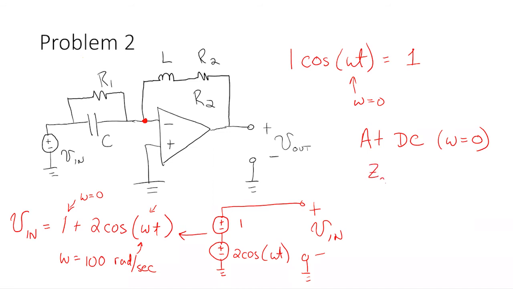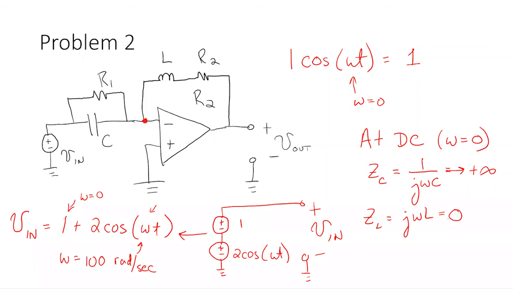The impedance of the capacitor as a function of frequency, what is Z sub C? 1 over j omega C. And ZL is j omega L. If I plug in omega equal to 0, 1 over 0 is infinite, and this one is 0.